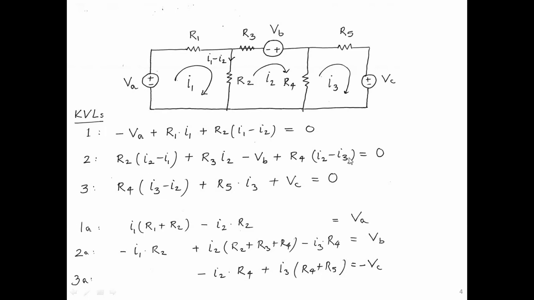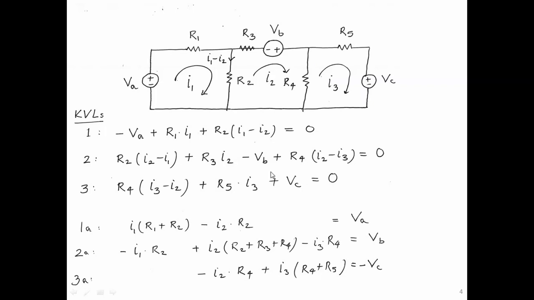So that is the second equation. And for this mesh, we'll write the voltage drop in R4 from down to up. So that will be (I3 minus I2) times R4 plus R5 I3 plus VC equal to 0. So that's the third equation.